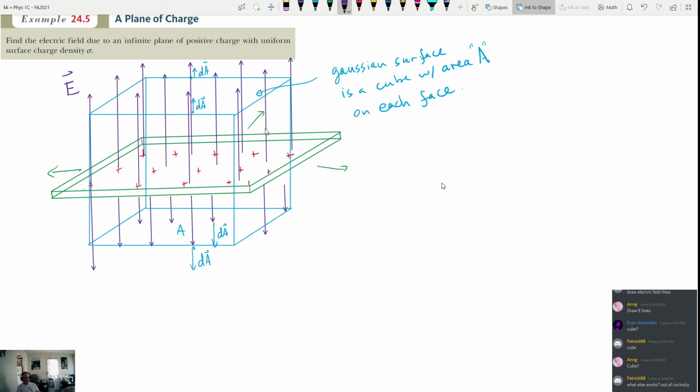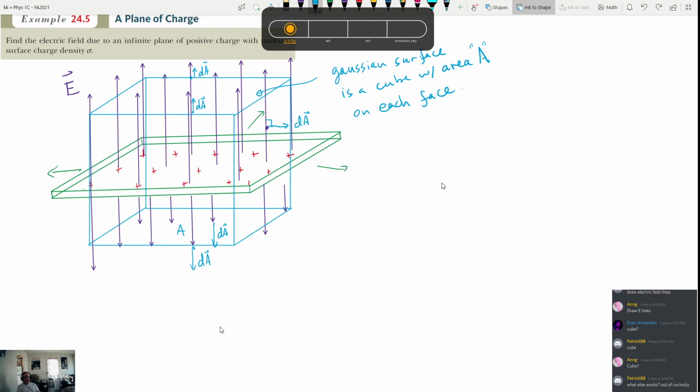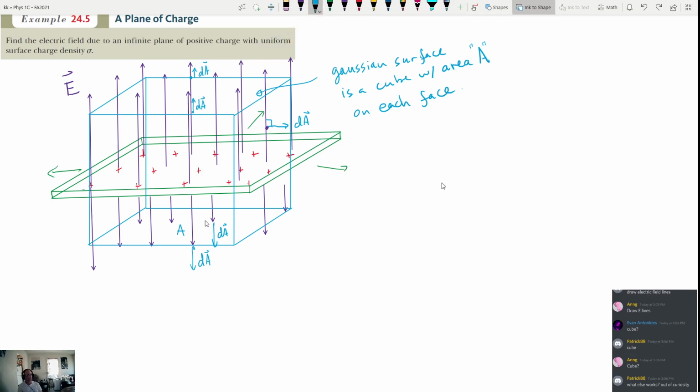We'll draw one over here as an example. On this side, my dA would point to the right, which means the angle between the dA and the electric field line is 90 degrees. So front, back, left, right, the angle is going to be 90. Top and bottom, the angle is going to be 0 degrees between E and dA.